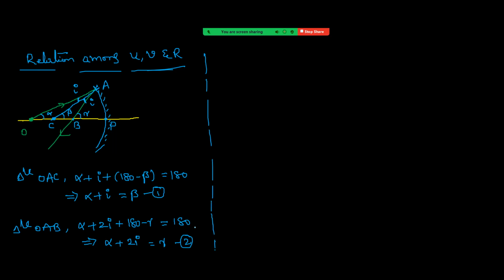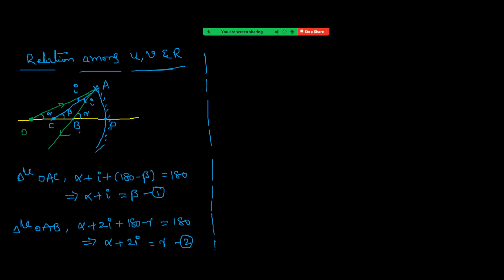Let us now simplify this. We want to eliminate the angle of incidence, because the relation among U, V, and R does not depend on the angle of incidence. It holds for any angle of incidence.